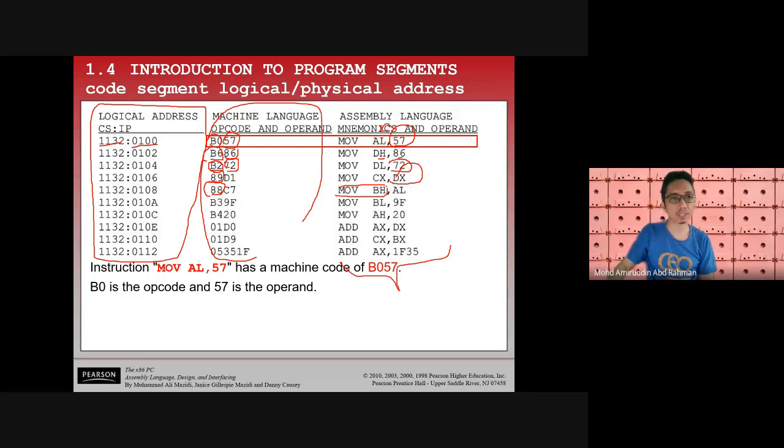It will be a different code for the opcode, because we can only have a maximum number of codes. It is up to 256 instructions. As you remember, it's up to 256 instructions because it is an 8-bit number.